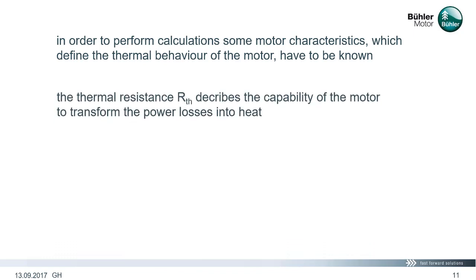At first, we need to know the thermal resistance RTH of the motor. RTH describes basically the capability of the motor to transform the power losses into heat. The unit of RTH is Kelvin per watt.